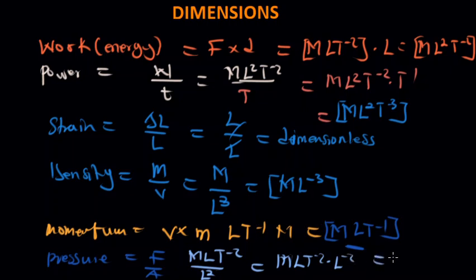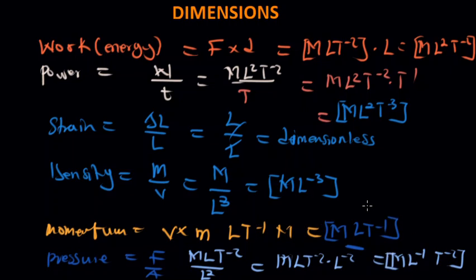Take the base L and the L^-2 here, negative 1 plus negative 2 gives us negative 1. So you have ML^-1T^-2. You put it in a square bracket, and that is it.